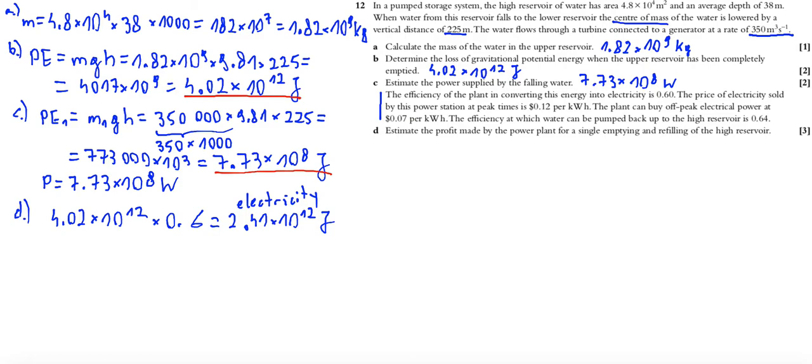Okay, I hope that you remember that 1 kilowatt hour is 3.6 times 10 to the power of 6 joules of energy. Kilo is 1000, watt is watt, and hour is 3600. 1000 times 3600 gives 3.6 times 10 to the power of 6. And we don't know the number of kilowatt hours, but we know that total energy is 2.41 times 10 to the power of 12 joules. So this times this equals this times this.